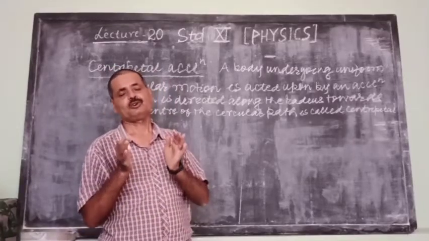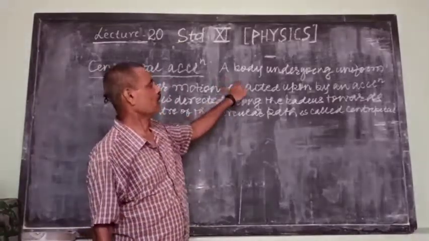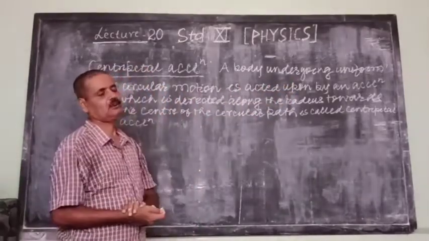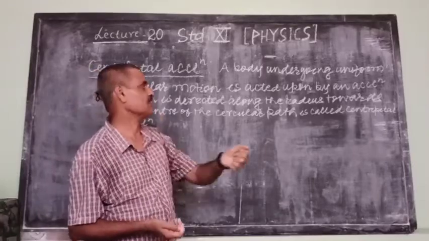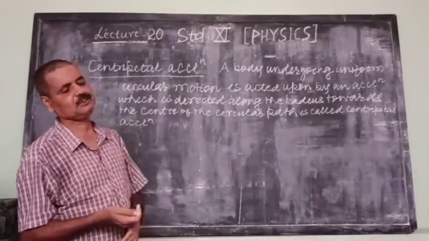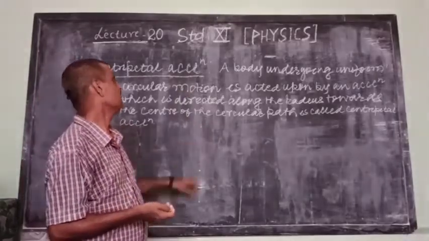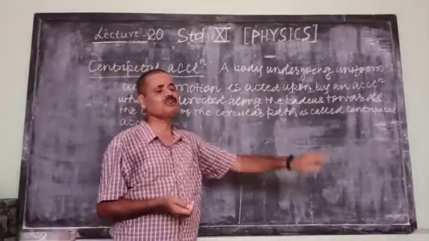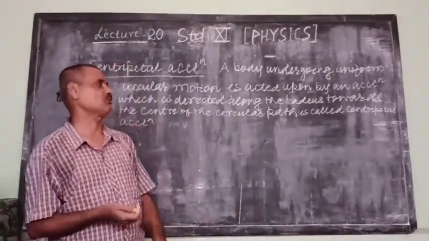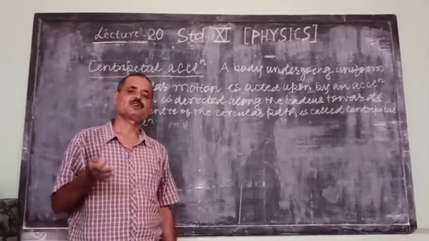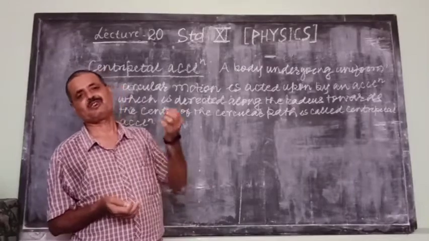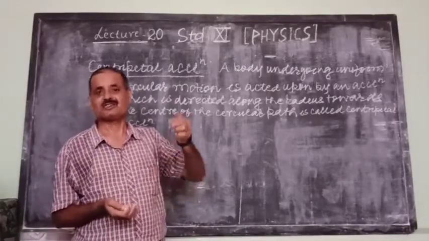A body undergoing uniform circular motion is acted upon by an acceleration which is directed along the radius towards the center of the circular path. That is called centripetal acceleration. It means it is always directed towards the center.